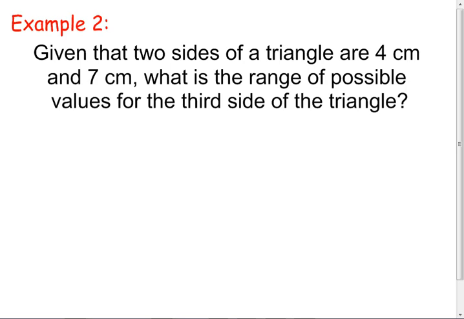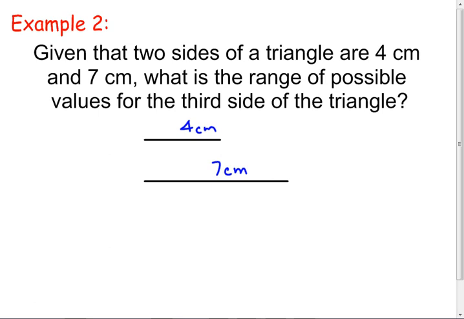Now, sometimes I'd like to find out what the third side could be. Given 2 sides of a triangle are 4 and 7 centimeters. So here's 4. Here's 7. Okay, I want to get a triangle.